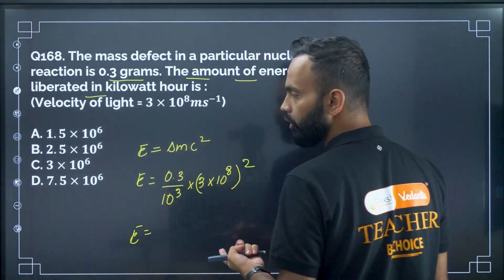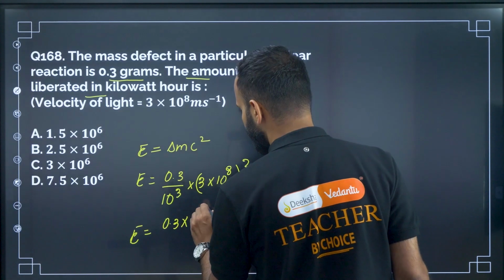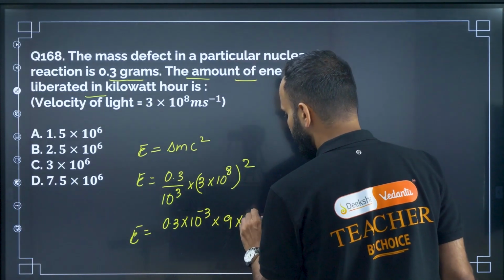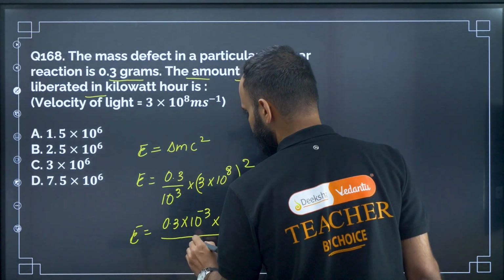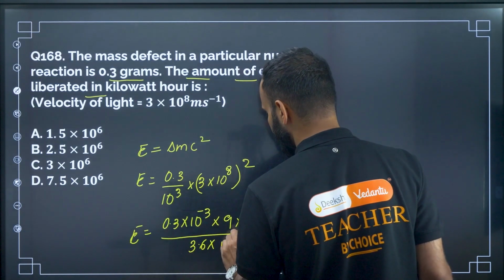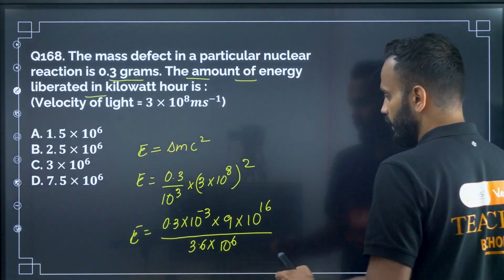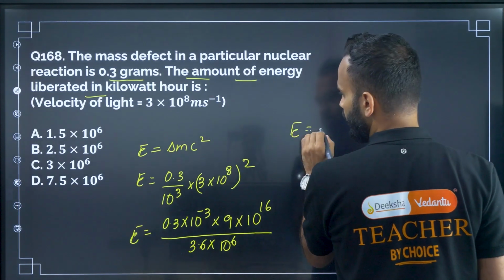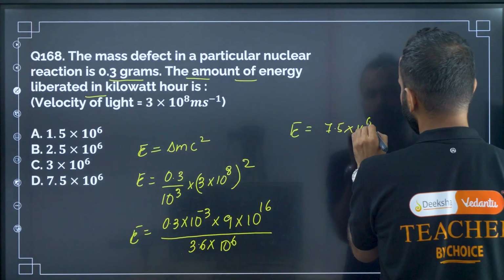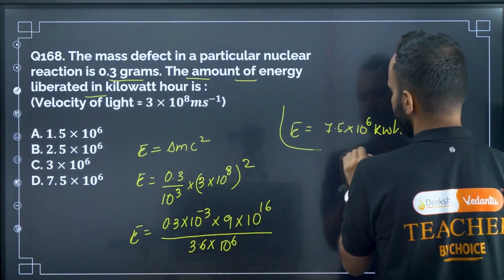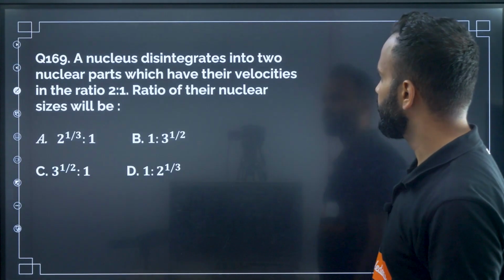So 0.3 into 10 to the power minus 3 into 9 into 10 to the power 16, divided by 3.6 into 10 to the power 6. Solve this, you will get 7.5 into 10 to the power 6 kilowatt hour. So the correct option is D. Next question, question number 169.